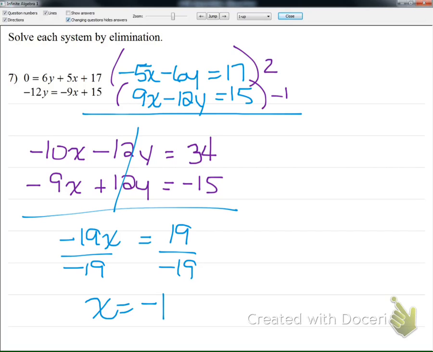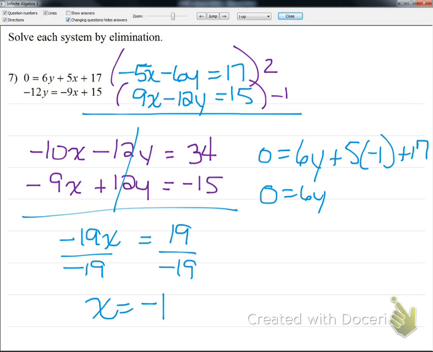Now I'm ready to plug it back into one of the original equations. So I'm going to use the top one. 6y plus 5 times -1 plus 17. Quite a bit of simplifying to do over here. So 0 equals 6y. Remember your order of operations though. 5 times -1 is -5 plus our 17.